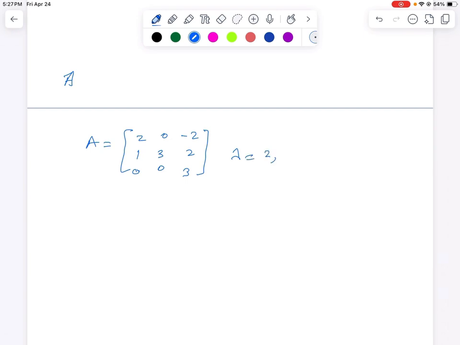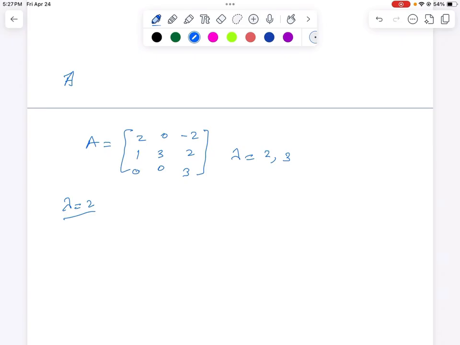So one lambda is 2, the other lambda is 3. When lambda is equal to 2, we are trying to find the eigenvectors associated with lambda equal to 2.